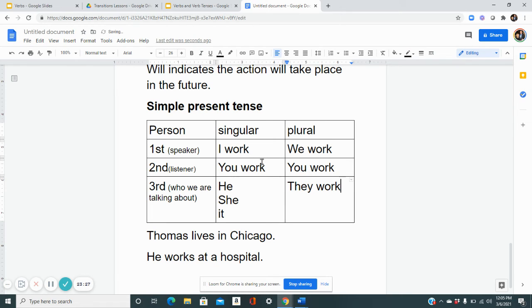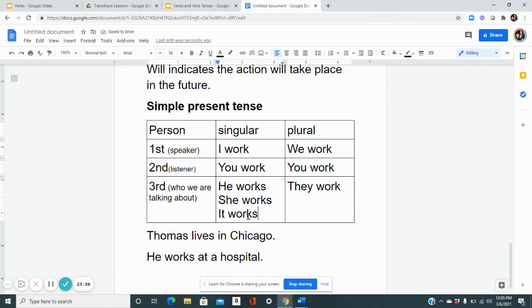Okay, so when I'm talking about first person, simple present tense, I work. We work. You work. You work. They work. Something is a little different with third person singular. Third person singular, I have to add an S. So he works, she works, it works.